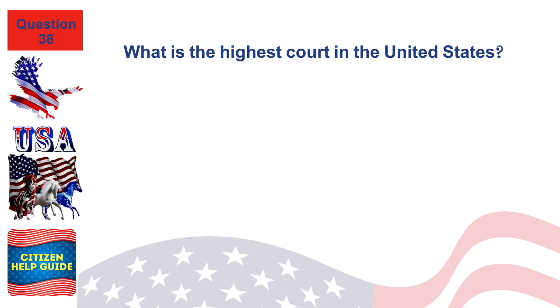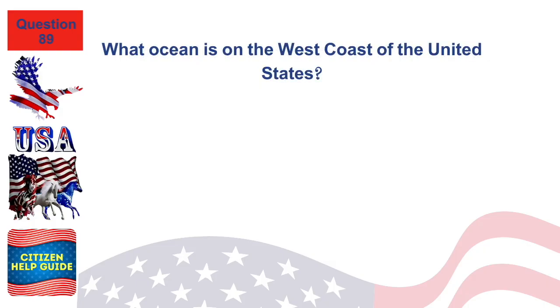What is the highest court in the United States? The Supreme Court. What ocean is on the west coast of the United States? Pacific Ocean.